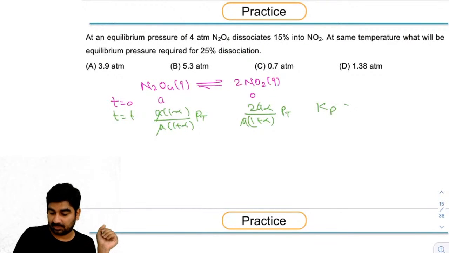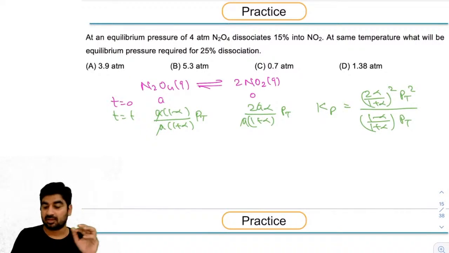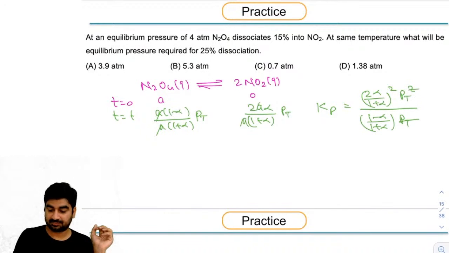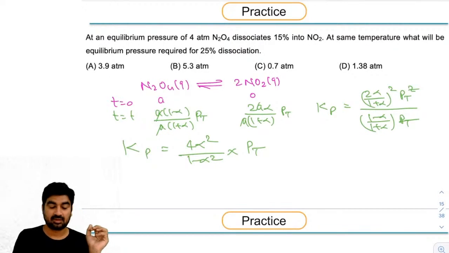So Kp will be 2 alpha upon 1 plus alpha, squared, into P total squared, over 1 minus alpha over 1 plus alpha into P total. So this will cancel out, and the expression for Kp will be 4 alpha square over 1 minus alpha square into P total. Okay guys.